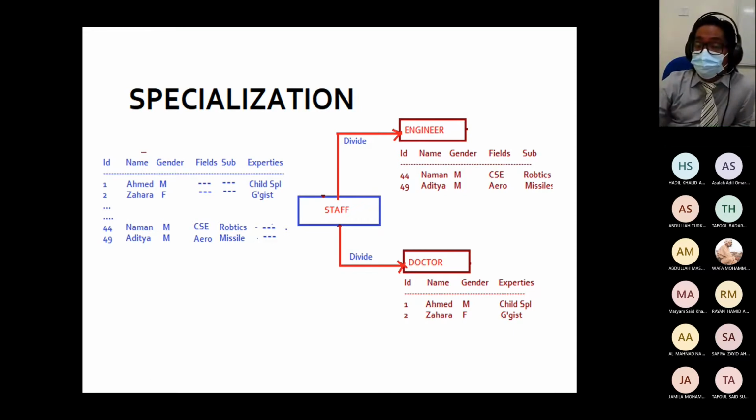For example, a staff could be an engineer, a staff could be a doctor, a staff could be a clerk, a staff could be a manager, a staff could be a supervisor. So there are so many possible things that might be divided in a typical staff.